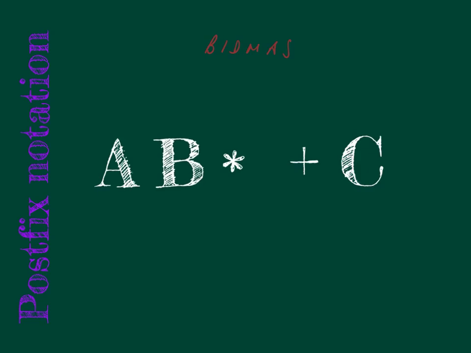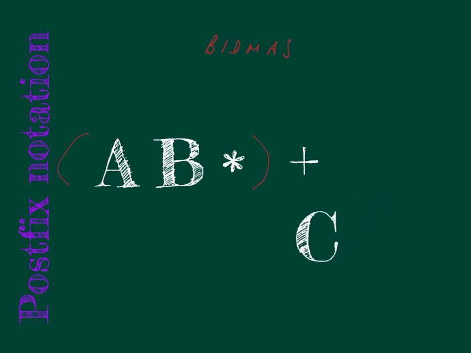And then we have to apply our postfix notation to the remaining things. So you imagine that AB multiply has got brackets around it, so that's one identifier. That'll make it easier.